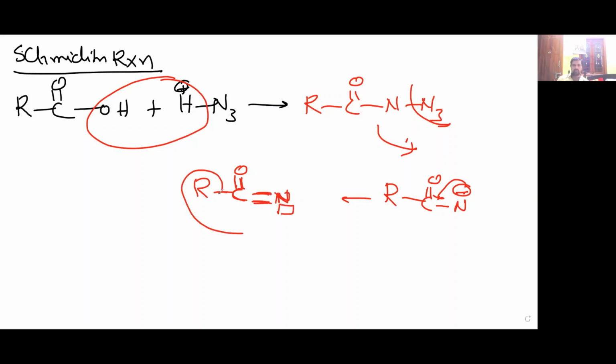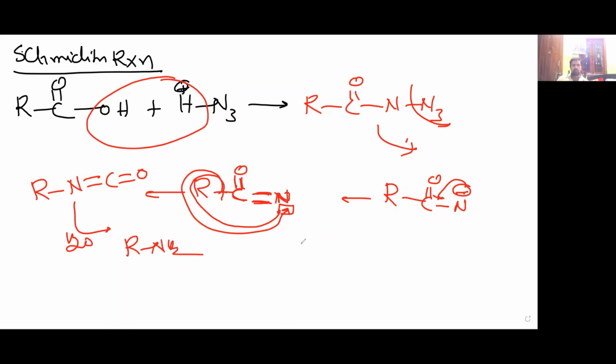One empty box is there. Again it is migrated like this. So then you are going to get R. This is the normal. This happened in that Hoffman bromamide also. R, N double bond C double bond O, alkyl isocyanate. As usual, this on hydrolysis, you are going to get primary amine. Okay. So this is called as what reaction? Schmidt reaction. I hope you can understand.